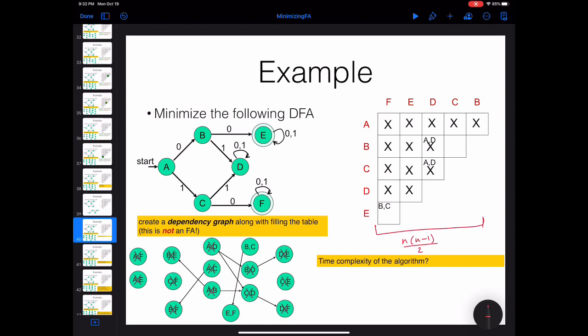So whatever the size of your alphabet is, that is how much computation you need for each cell. So in total, because the size of your alphabet is going to be finite, I will consider it as a constant. So the result is going to be O(n^2).